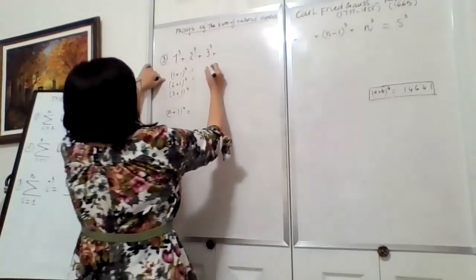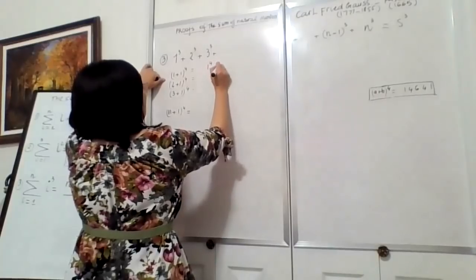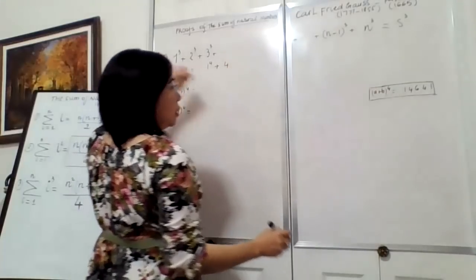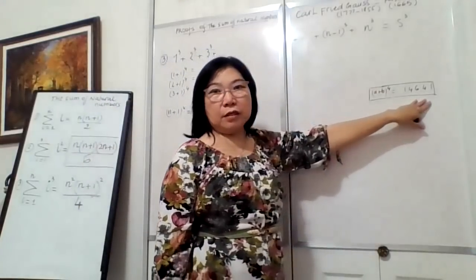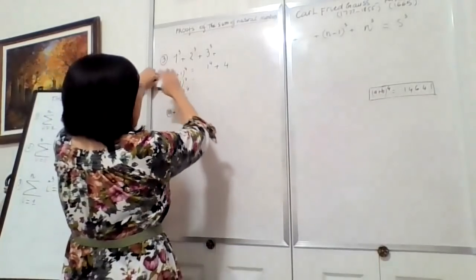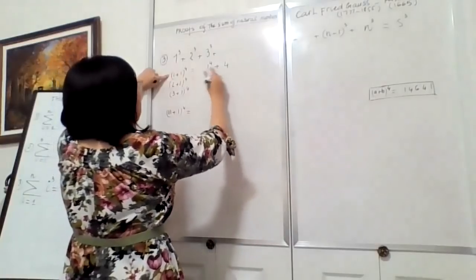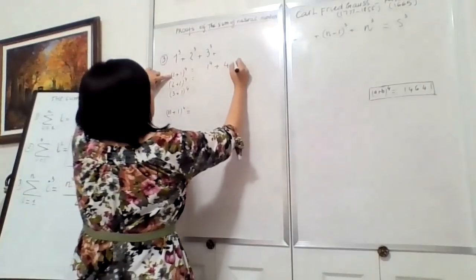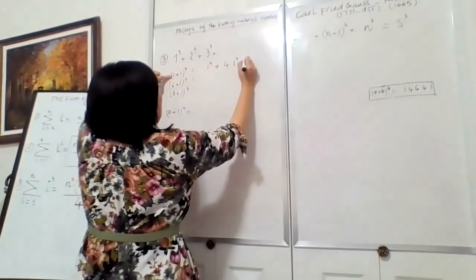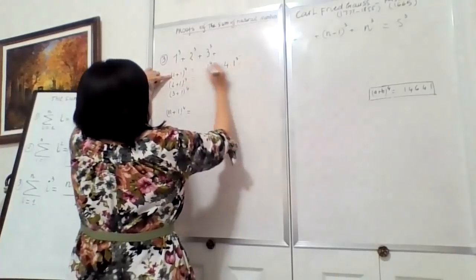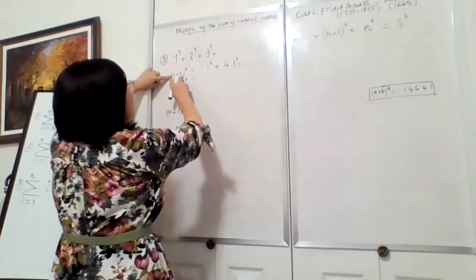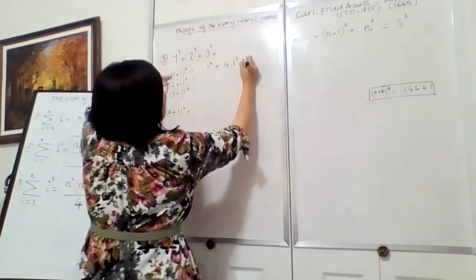I follow that. The first one will be 1 to the power 4, adding with the coefficient 4. These are just the coefficients in front of the terms, right? The terms you have to know by going down from the power. So 4 times 1 to the power 3 times 1 to the power 0, so it's just 1.